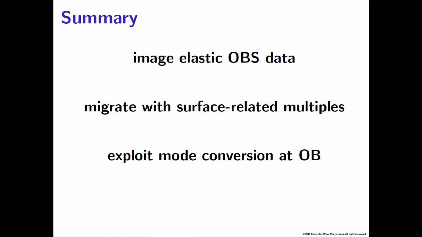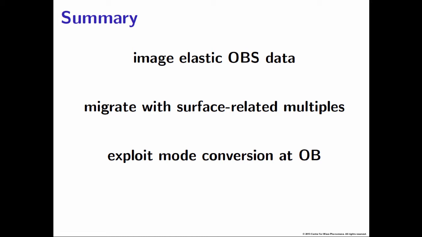And because we are using elastic forward modeling code for both source side and receiver side wavefield construction, and we still keep the interface of the ocean bottom in every model, we'll get the wave mode conversion at the ocean bottom. This conversion will give us P and S modes.